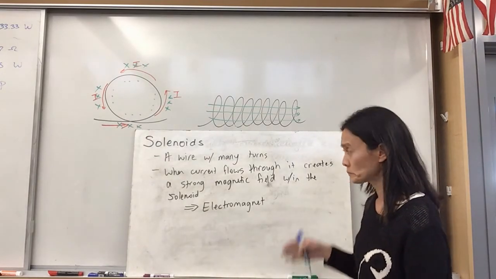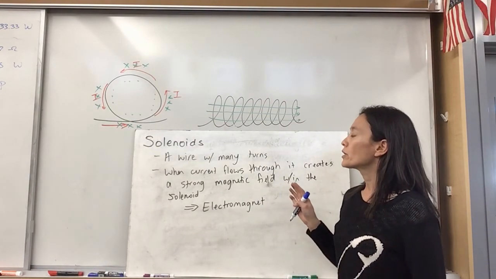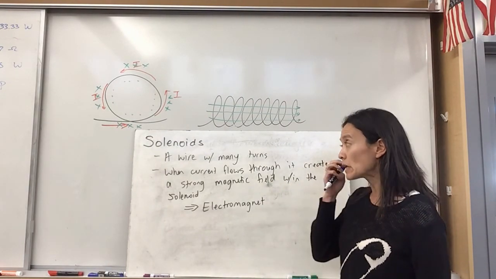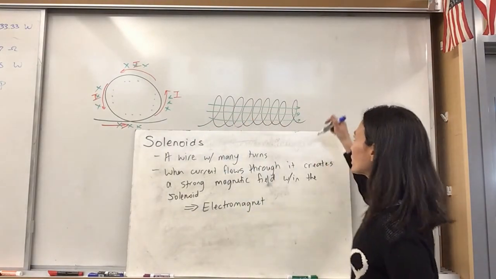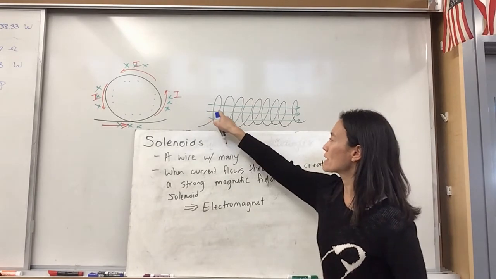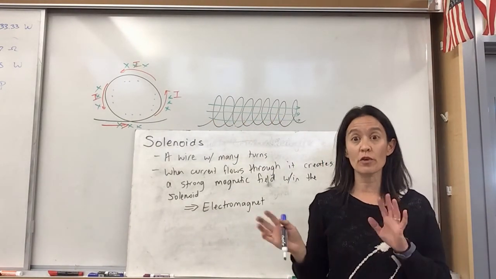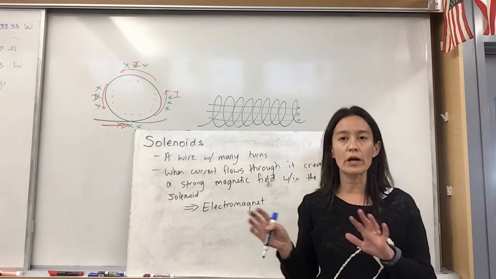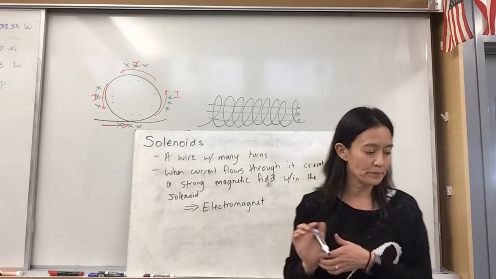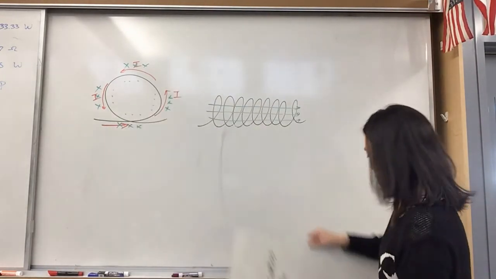Okay, so when we think about our equation for the magnetic field, we have to take into account that this is a really long wire, and I'm looking at the magnetic field inside of it. So the equation for the magnetic field inside of a solenoid changes a little bit from our mu naught I over 2 pi r equation. I don't think I have a board for that, so I have to just draw it on here.